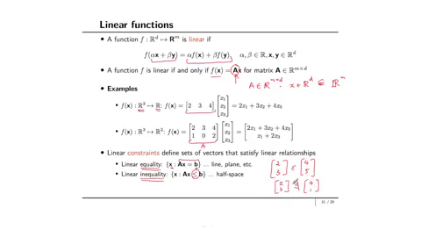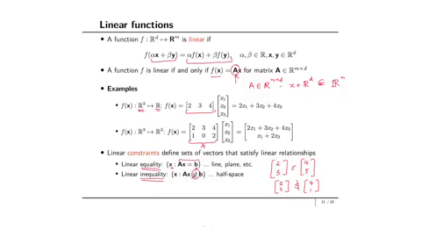Why? Because the first component is less than 4, but the second component is not. So if I say Ax, the vector obtained by multiplying A by x, is less than or equal to b, I mean that component by component that vector should be less than b.